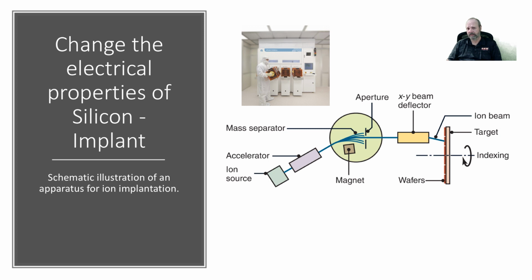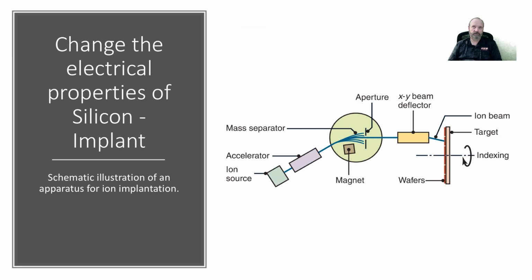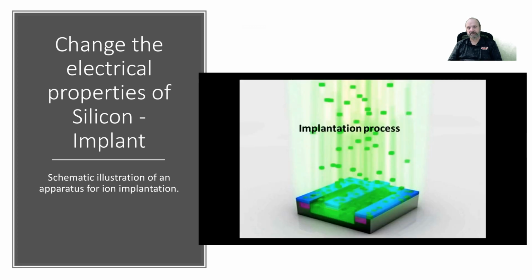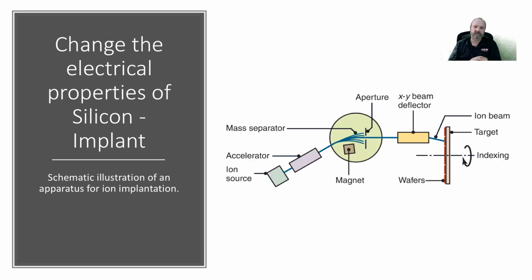The idea is you let the ions fly through this magnetic field, and you're going to have some ions that have 2 electrons removed that maybe aren't of the species you're interested in. There might be some other contaminants that you've ionized as well. So by flying through a magnetic field, they'll spread out depending on the mass, the velocity, and the charge, and you can select the specific type of ion you want.